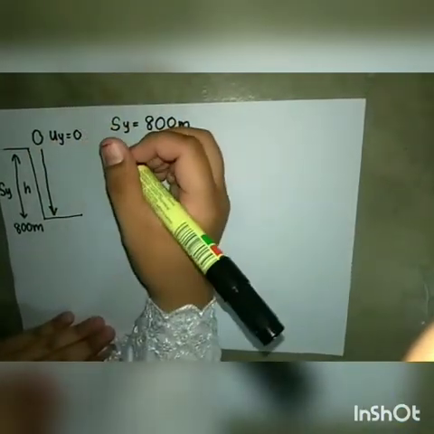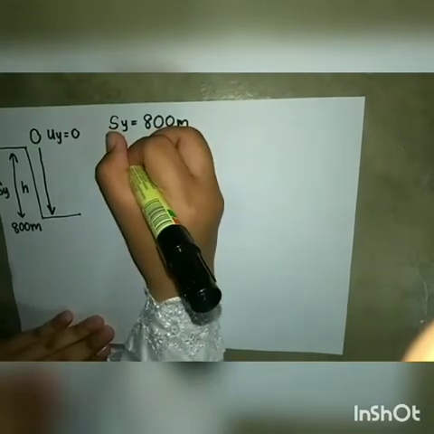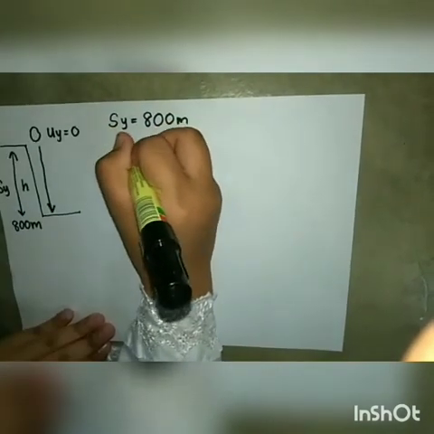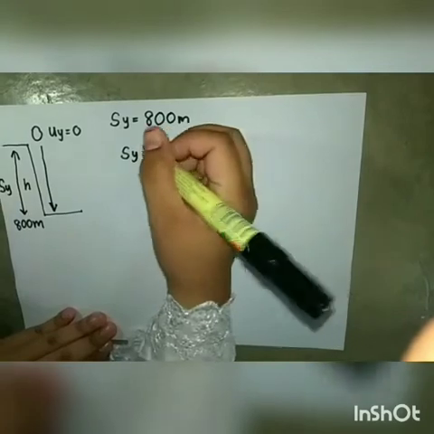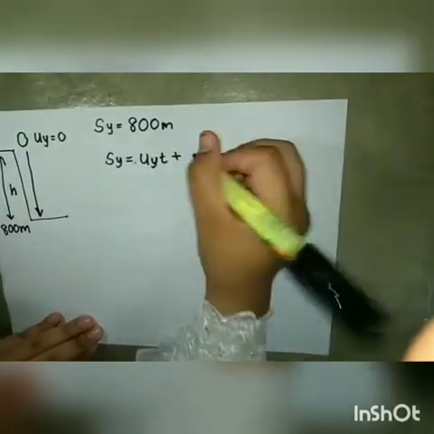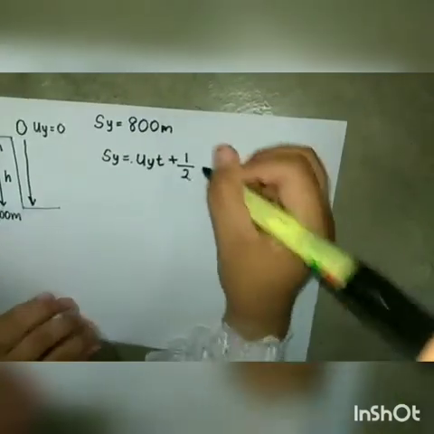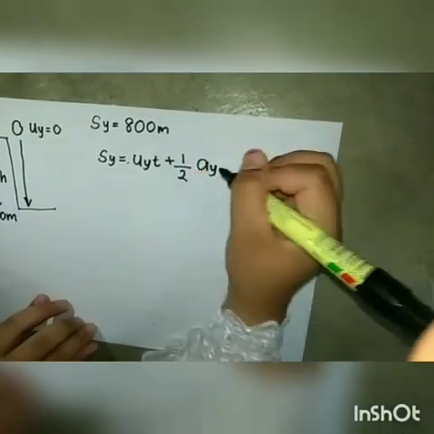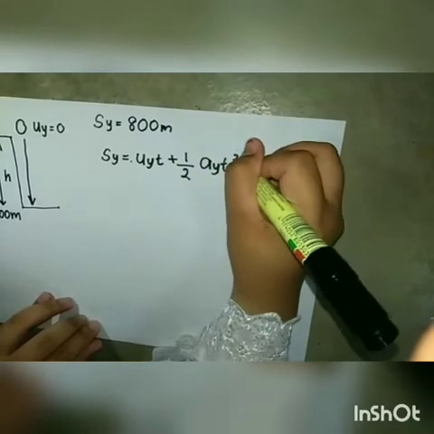So we must use the equation sy equal to uy t plus 1/2 ay t square.